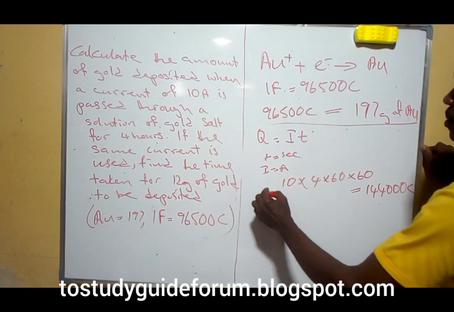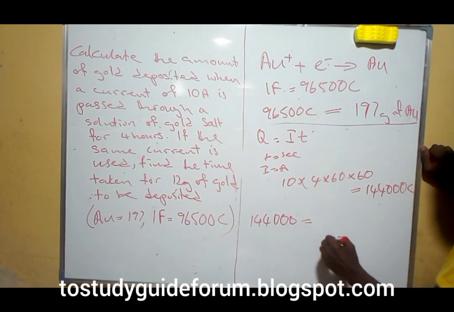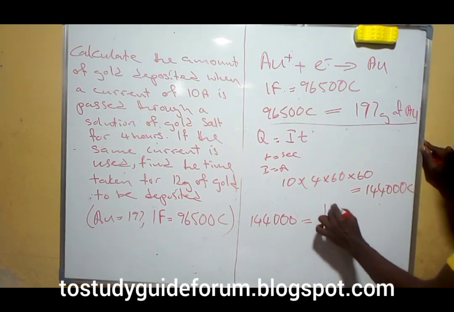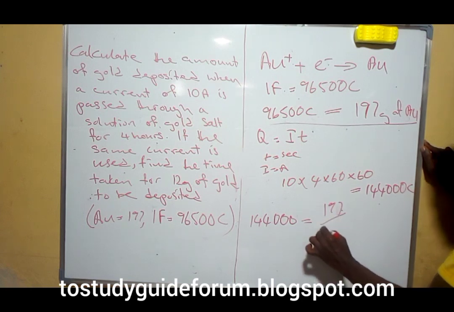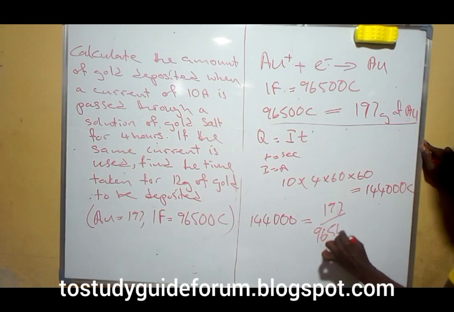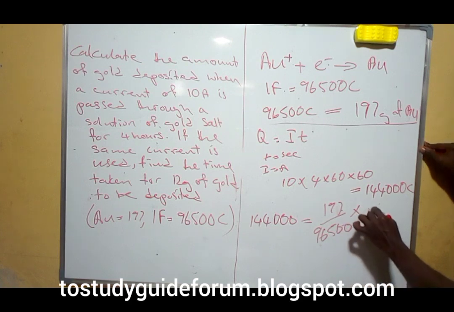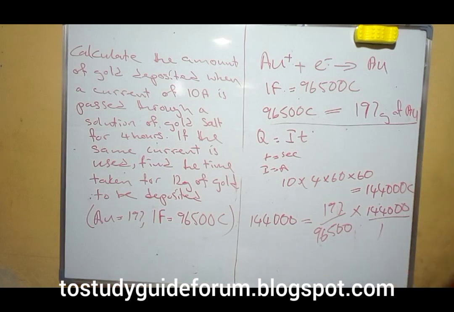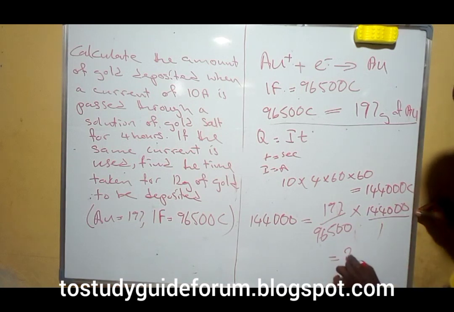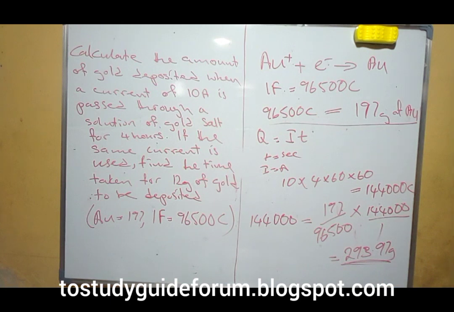So in that case, we will say that 144,000 will then be equal to 197 over 96,500 times 144,000. That will give us the mass of gold in grams that will be deposited.